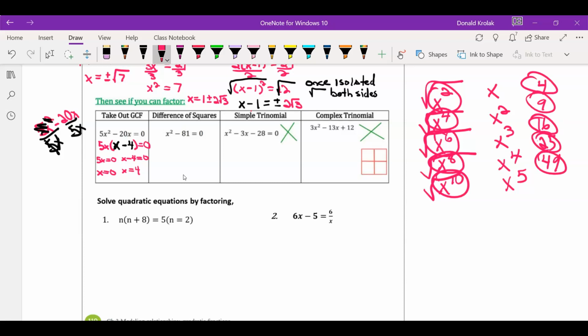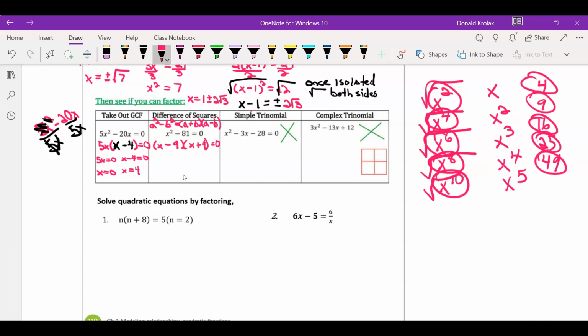So this is called the difference of squares because it's a subtraction. All right, if you remember, the difference of two squares is going to factor into a plus b, a minus b. So a is the square root of the first term, and b is the square root of the second. So this is going to go into x minus 9, x plus 9.